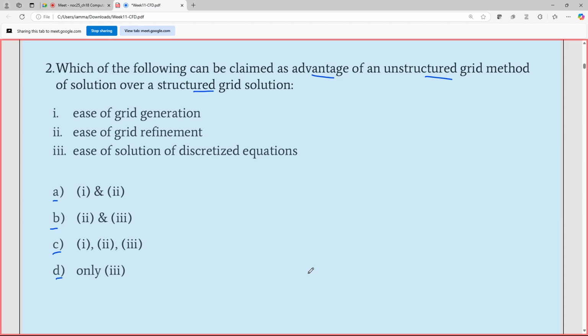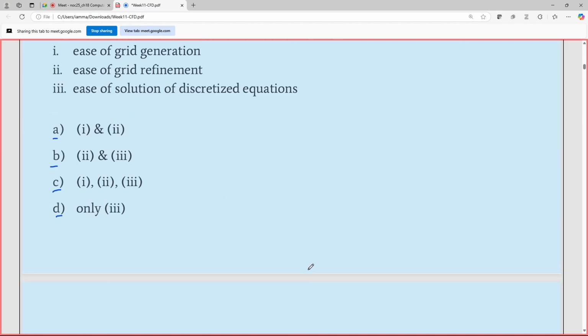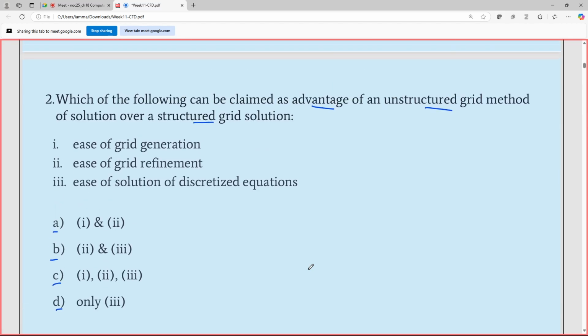The answer is option A, that is ease of grid generation and refinement.